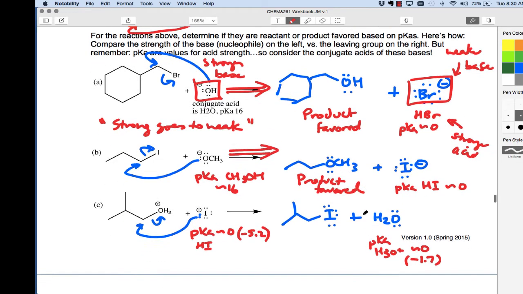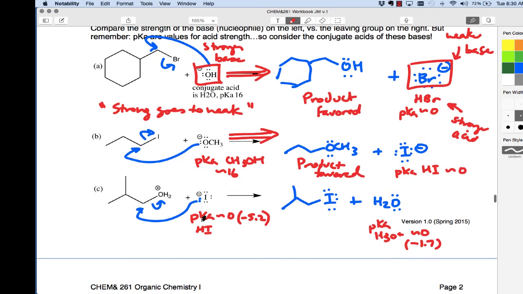And then in my last example, the HI is, again, about 0, and H3O plus is about 0. Remember, I have to look at the conjugate. Don't look at water's pKa. Water's acting as a base in this case. So its conjugate is H3O plus, which is also strong, about 0. And here, because I have two zeros, I have to say, well, maybe I should use my chart and find out who's slightly stronger.